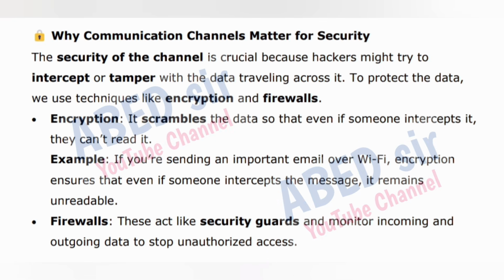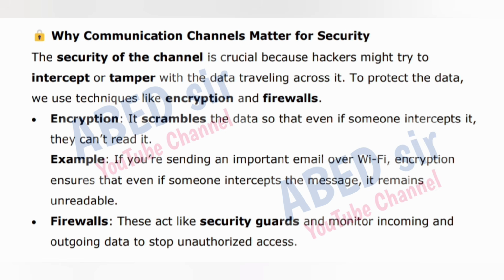Why communication channels matter for security? The security of the channel is crucial because hackers might try to intercept or tamper with the data traveling across it. To protect the data, we use techniques like encryption and firewalls. Encryption scrambles the data so that even if someone intercepts it, they can't read it.